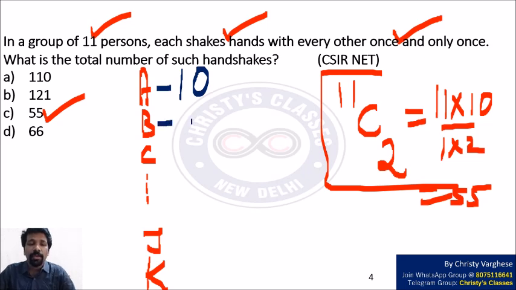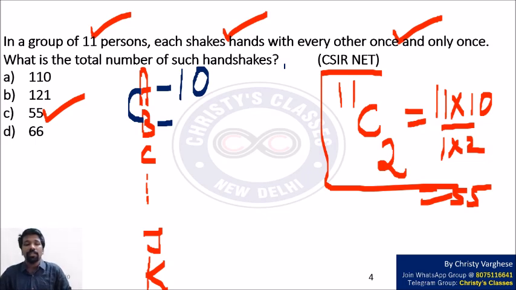The total number of handshakes by B is also 10, but there is a twist. A and B already shook hands. When A shook hands with B, B already did that handshake. That one handshake is the AB handshake and the BA handshake. Their order does not matter. The AB handshake and BA handshake are not different. They are the same handshake.